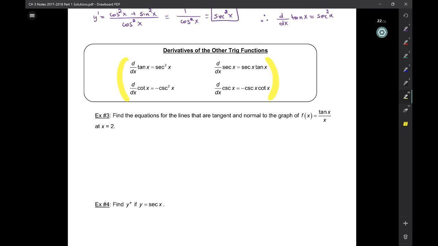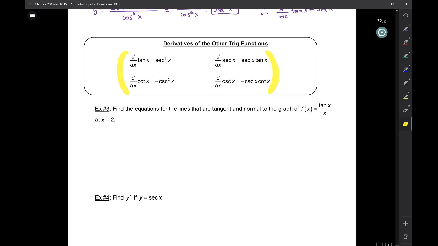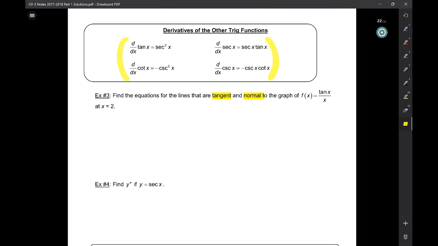So we need the equations for the lines that are tangent and normal to the graph. So how do we find the equation of the tangent line? You find the derivative at x equals 2.